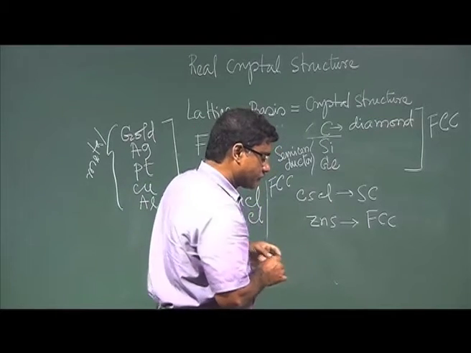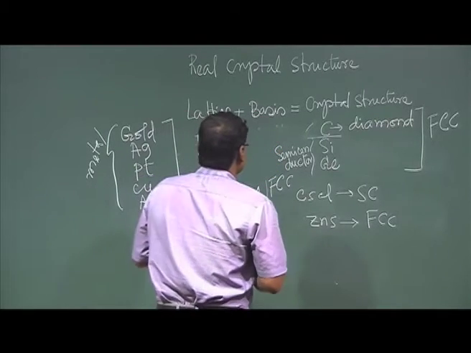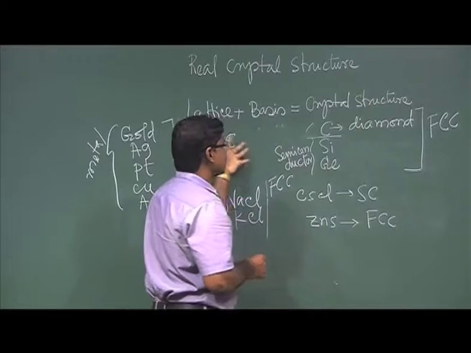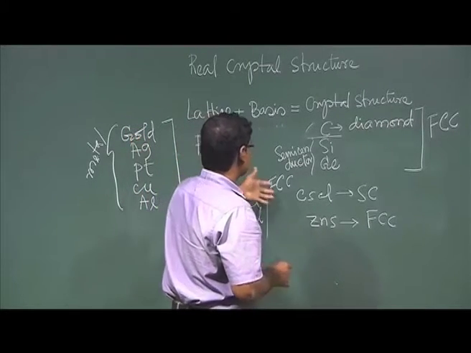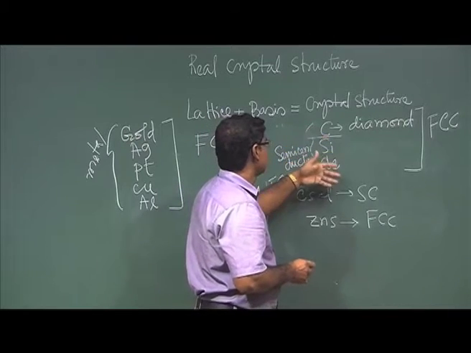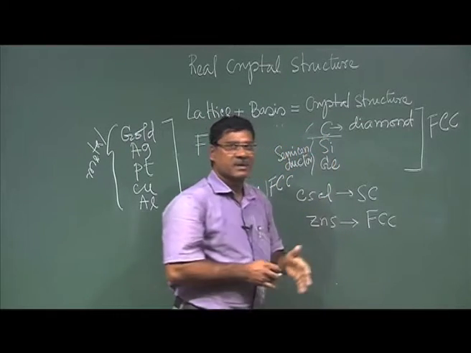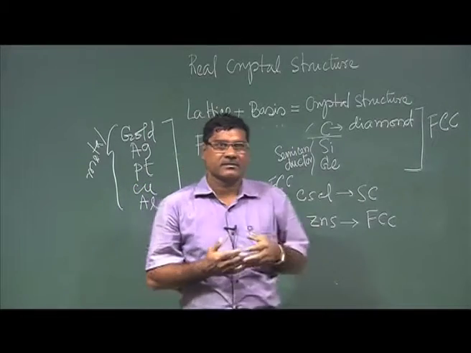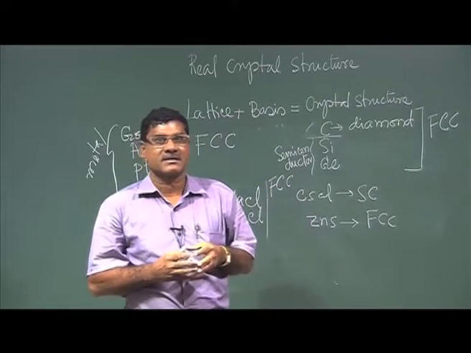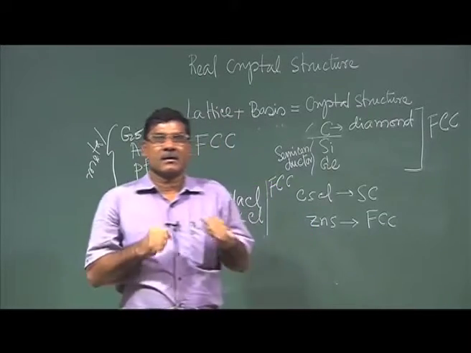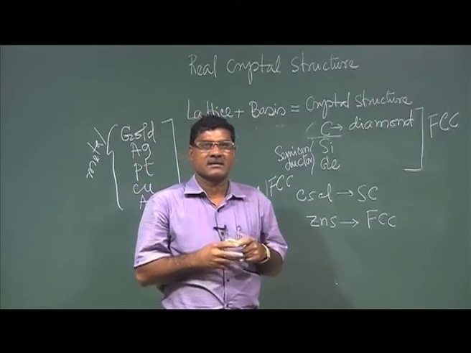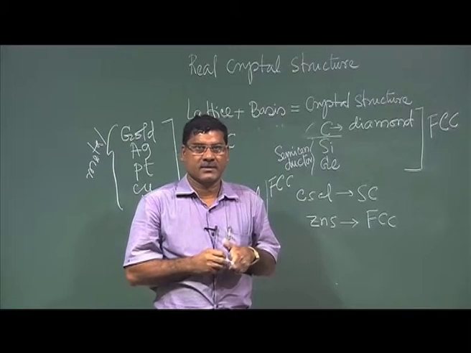So, this structure, you see this gold, silver, this silicon, germanium. So, they are having the same structure, FCC structure, but as I told that bases are distributed in that structure in different ways, okay.